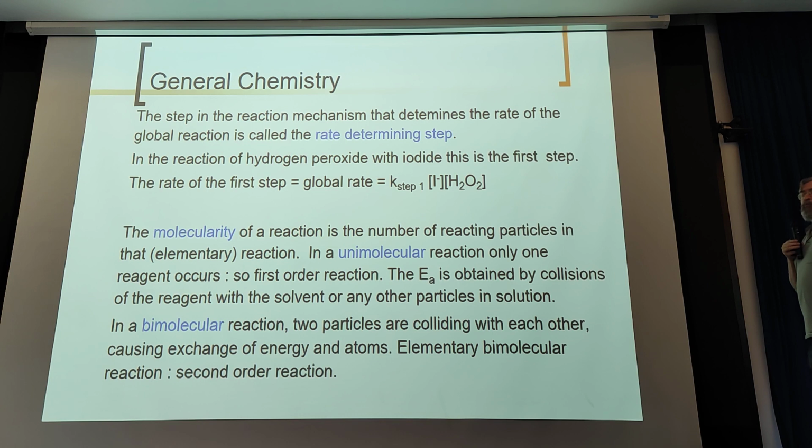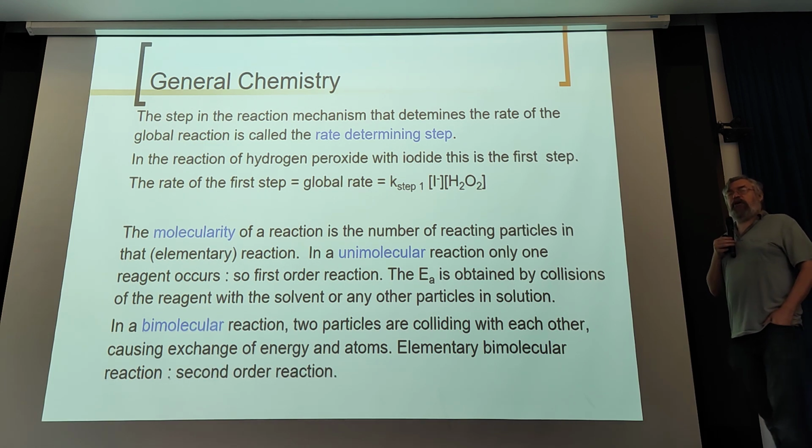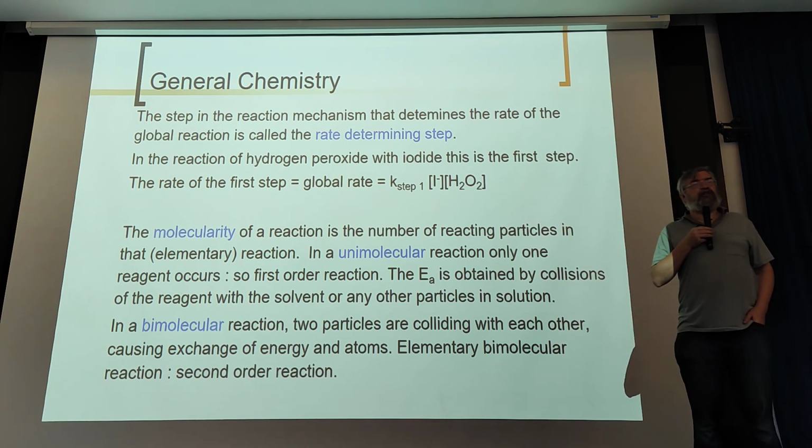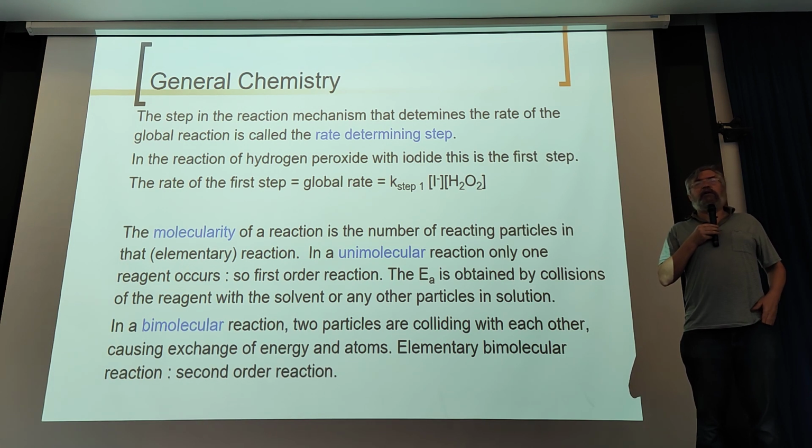Now, in a unimolecular reaction, you might wonder, how do we get energy if there is actually only one particle? How do we get collisions? Well, in that case, the energy might come from any other molecule, like a solvent molecule, which is moving and giving its kinetic energy to the reagent without actually reacting with it.